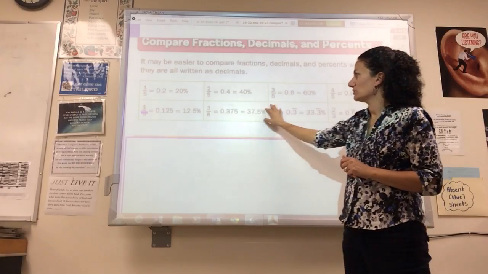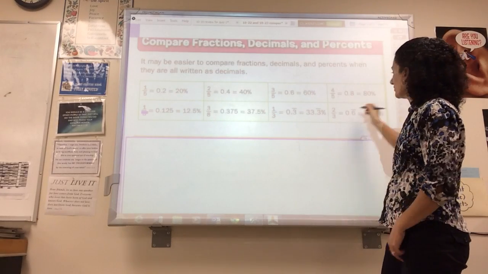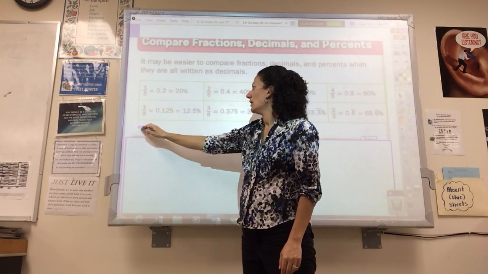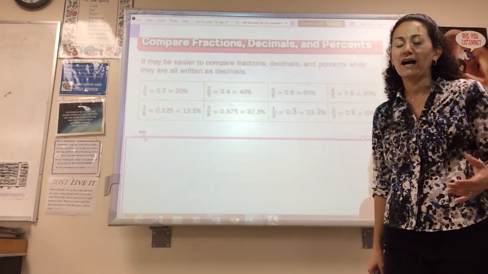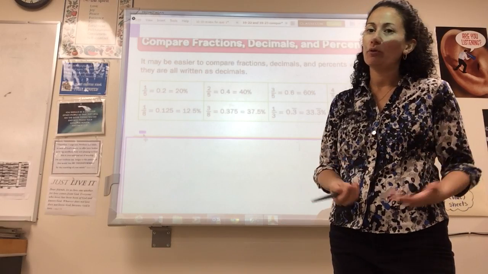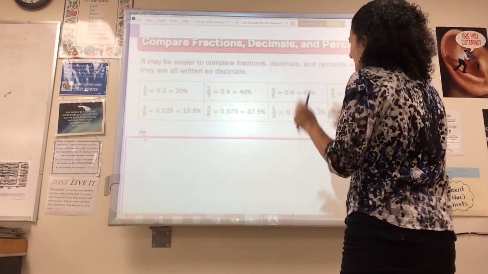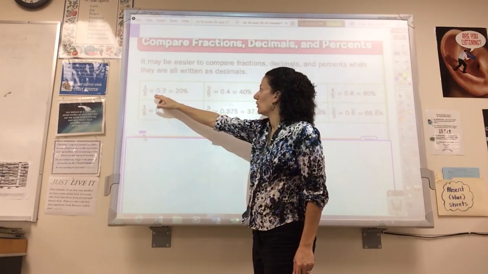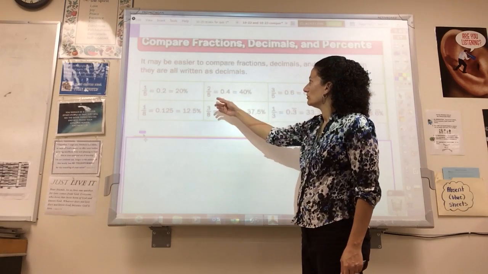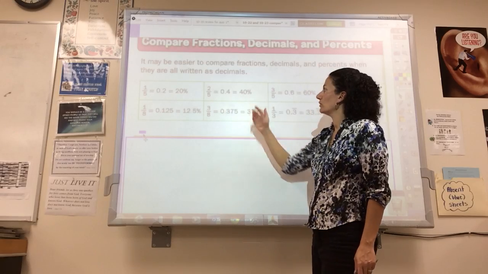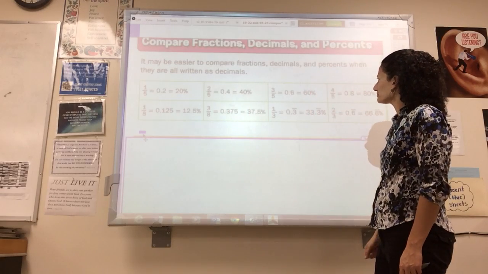Now what we have listed here is some of the easy percents that I've talked about. You know some of the super easy ones, like 1/2 is 0.5, 1/4 is 0.25. Some of the slightly harder ones are written here. 1/5 is 0.2 or 20%. 2/5 is 0.4 or 40%, and so on.